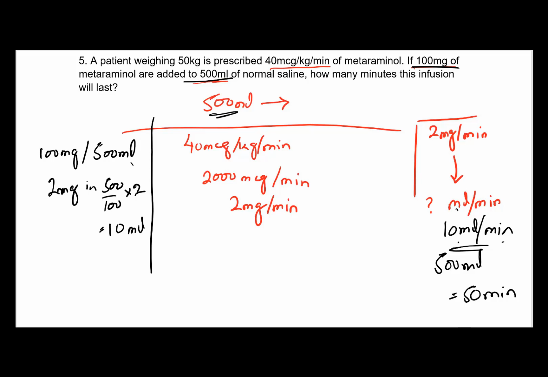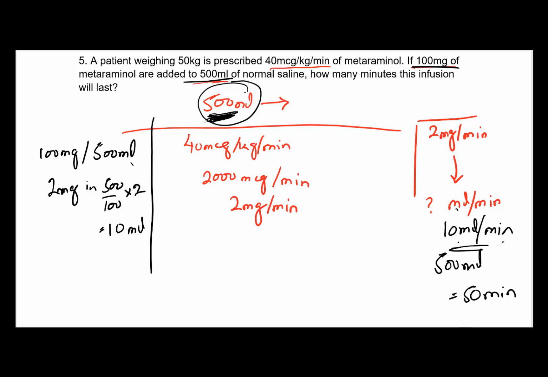So far you can see that we have been converting between different infusion rates, and then the next few questions were given the volume of the infusion fluid, and we had to find out how long it will take to get this infused.